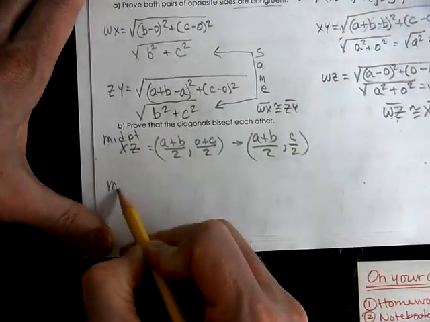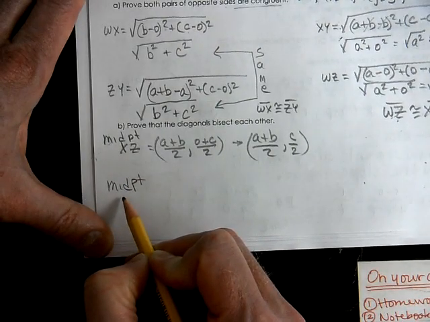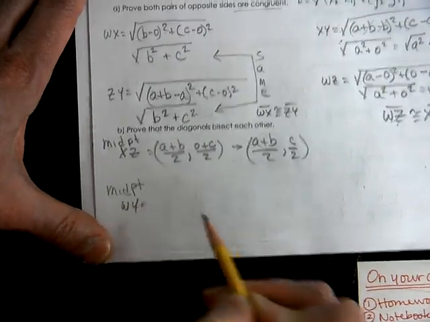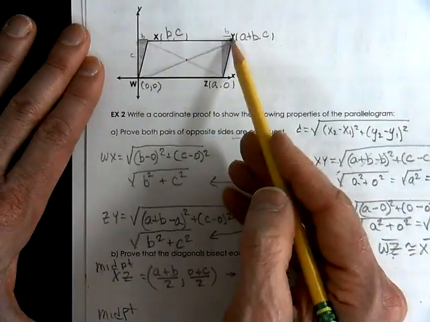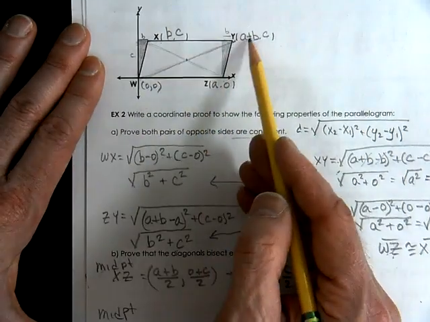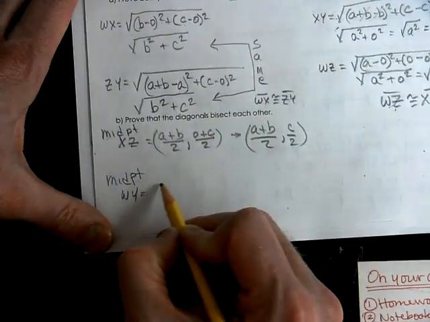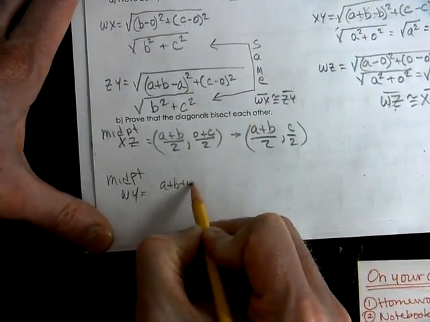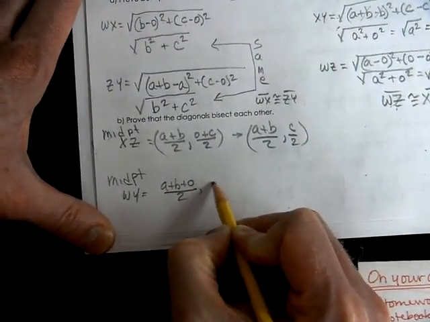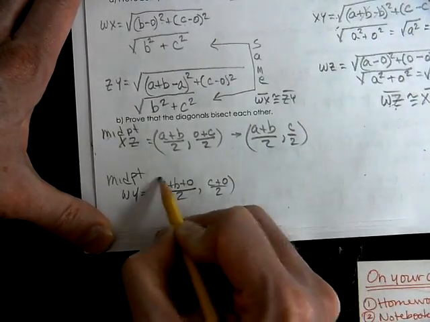And then we're going to find the midpoint of WY. That's the other diagonal. We're going to use these coordinates. So x plus x and y plus y. A plus b plus 0 over 2 and c plus 0 over 2.